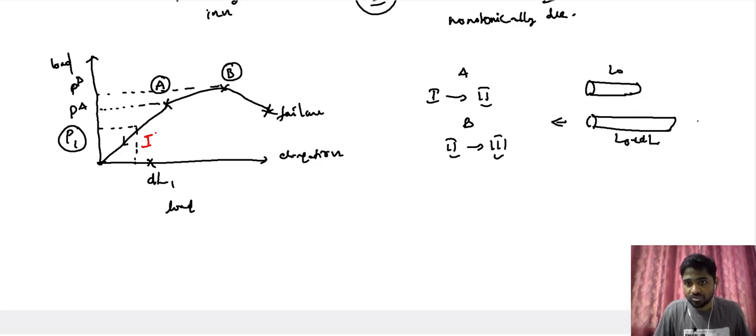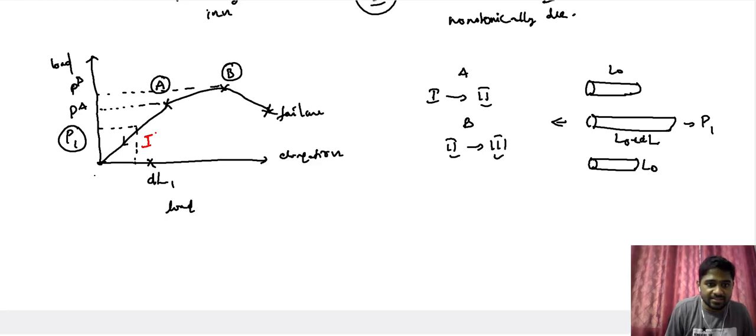Now you have imposed the load of P1. Now when you remove the load, the material shrinks back, it retraces its path, it goes back to its original state, that is L0.